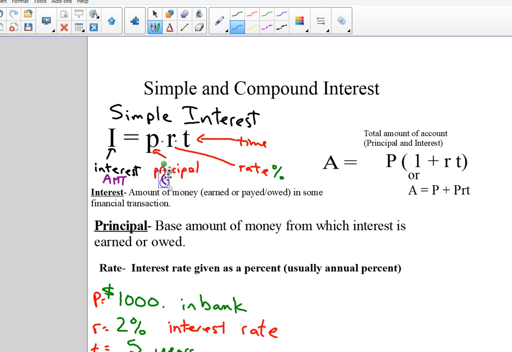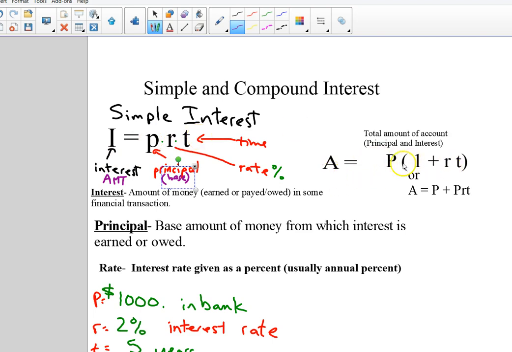You can think of it as the base or the starting amount of money. A lot of times it's the amount that's invested, or the amount of money that is used as part of a loan, times the interest rate, which is a percentage, times an amount of time. So a fun, easy way to remember the simple interest formula is I equals PRT, or I party.